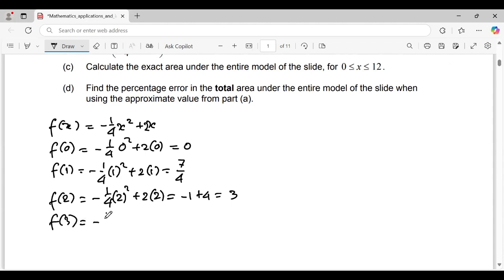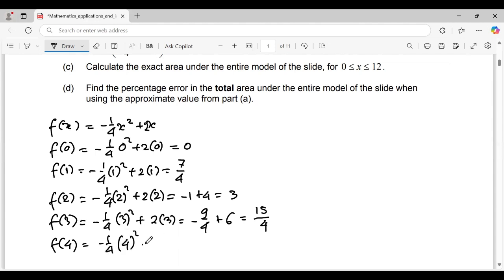And if x equals 3, -1/4 times 3 squared plus 2 times 3, so it is -9/4 plus 6, 15/4. If x equals 4, -1/4 times 4 squared plus 2 multiplied by 4, so it is -4 plus 8 equals 4.